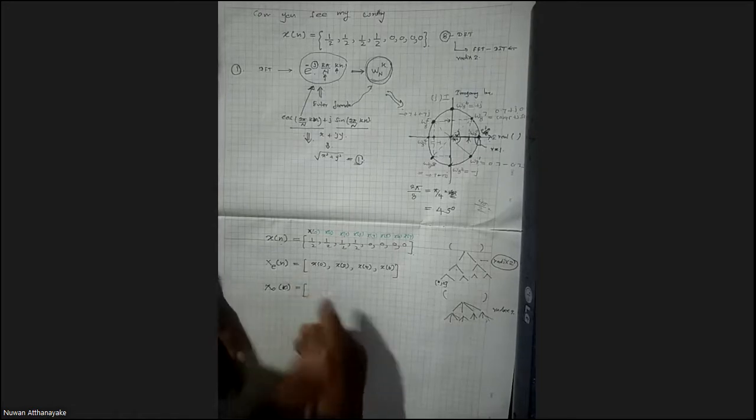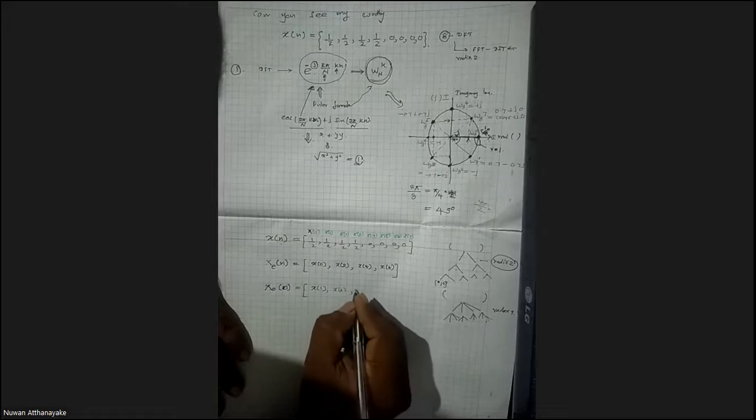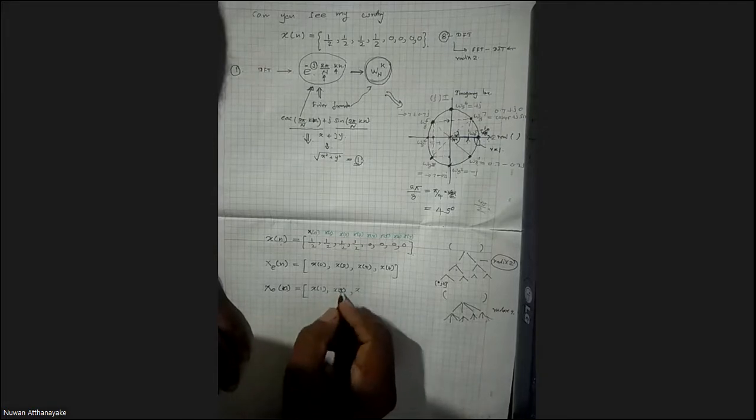Now I am going to get the odd values. What are the odd values? I will have x1, x3, x5, and x7.